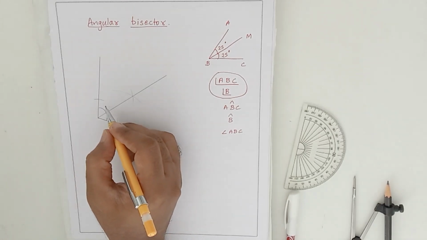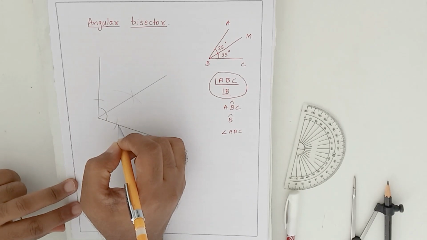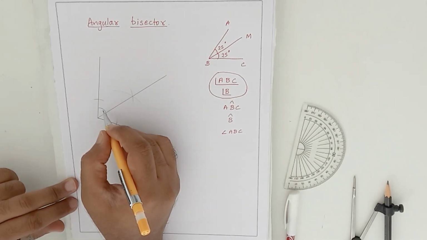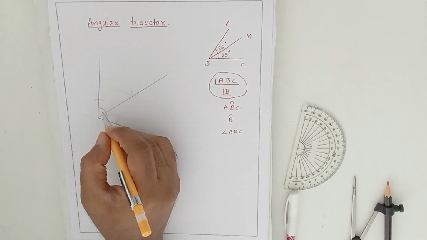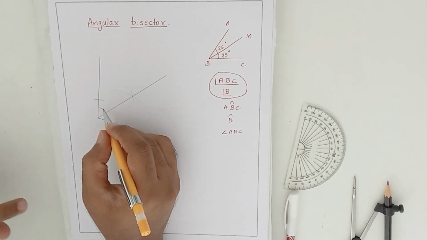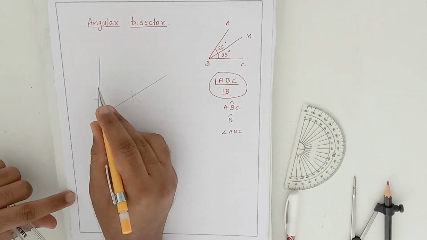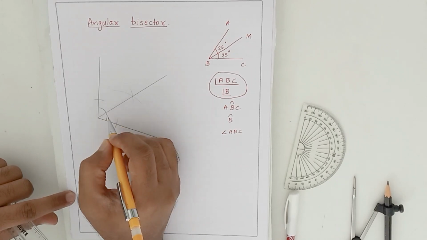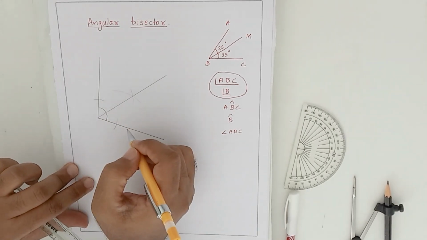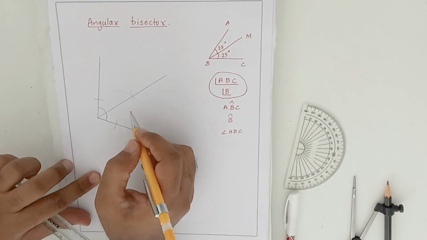If the entire thing is 125 degrees, then this will be how much? 50? 60? 62.5. If this is 125 degrees, this will be 62.5, this will be 62.5. You can try this and then use a protractor and measure.